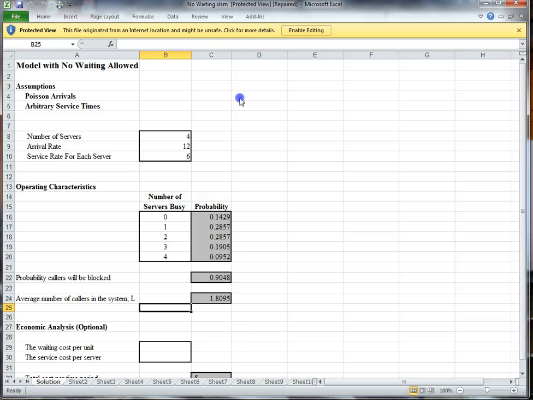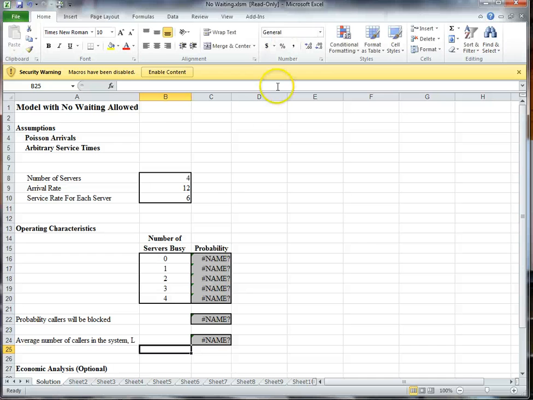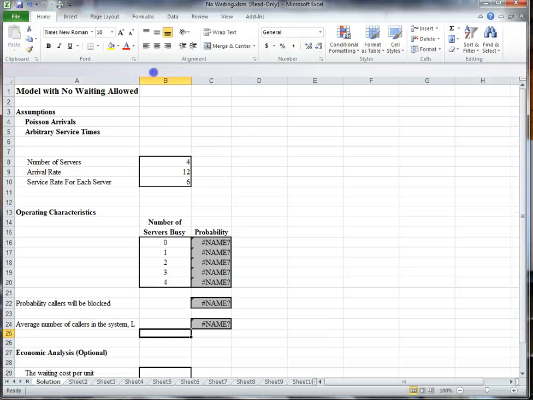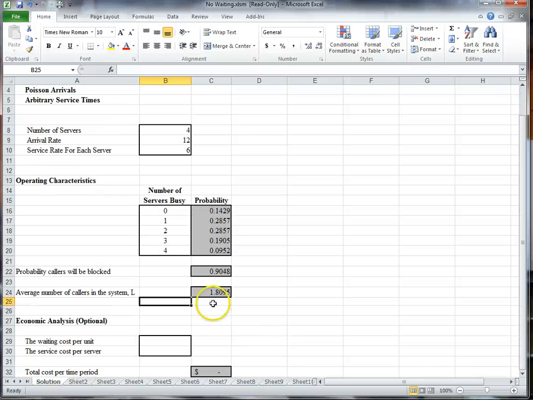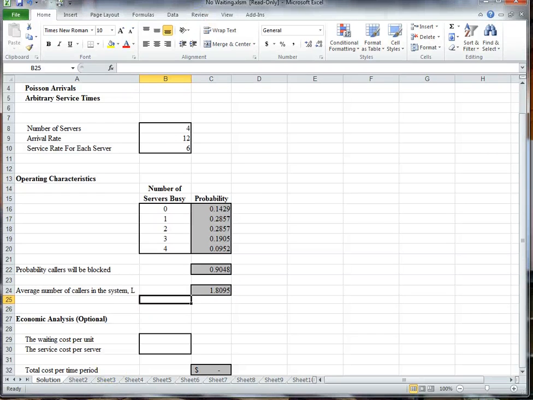All you have to do is, if you enable editing, oops, you get the same problem. Enable content. Yeah, that works now. So I can make changes here in my input and get the corresponding output there and do the economic analysis. So these are the models we have here.